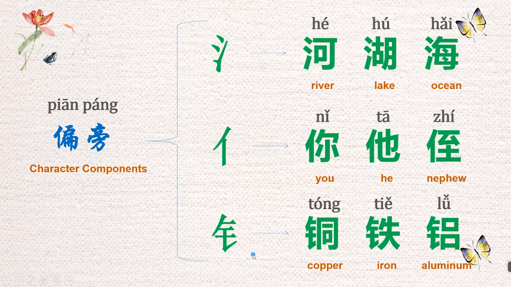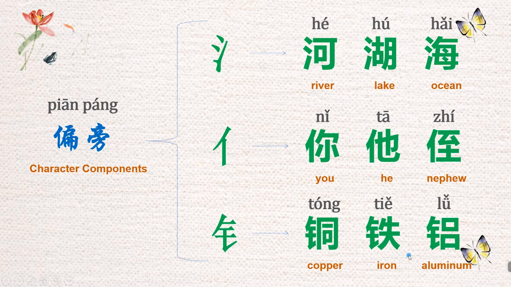And this component here, this 偏旁, is called 金字旁, which means metal. So most of the Chinese characters with 金字旁 are related to metal, such as this character here. It is pronounced as 铜, and it means copper.